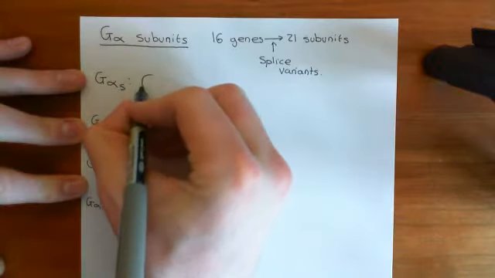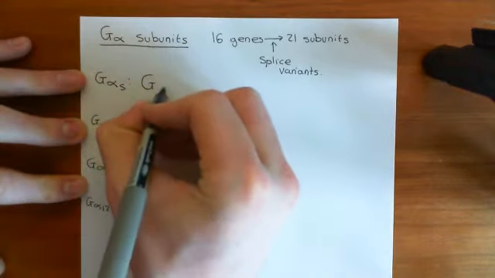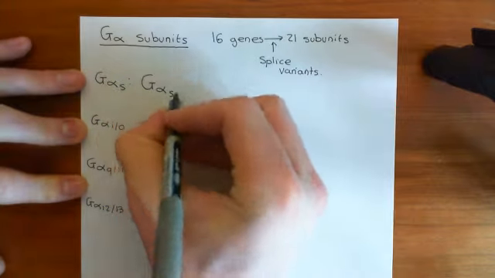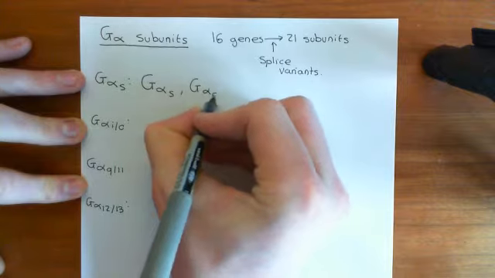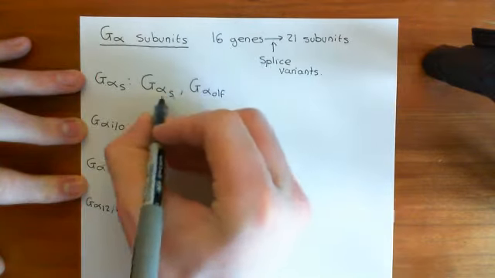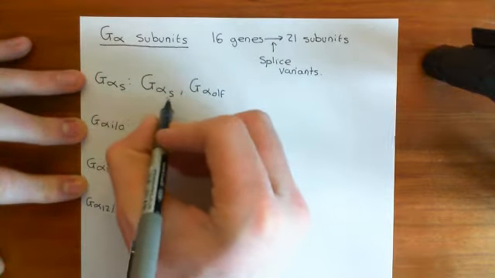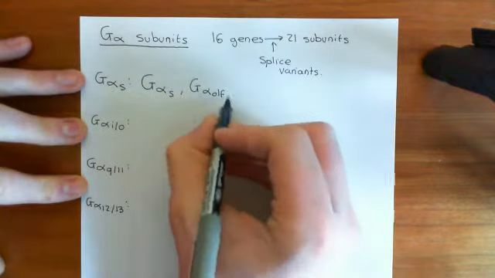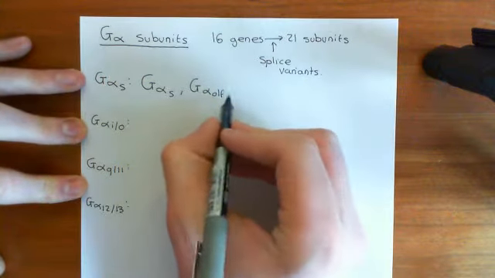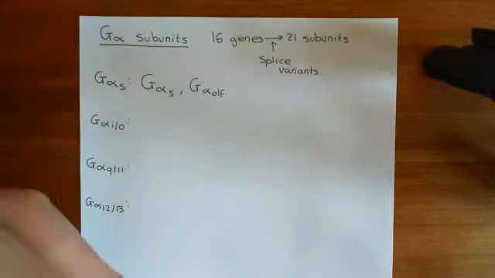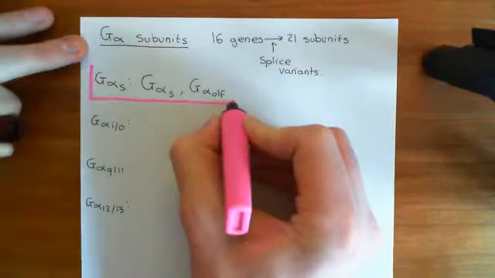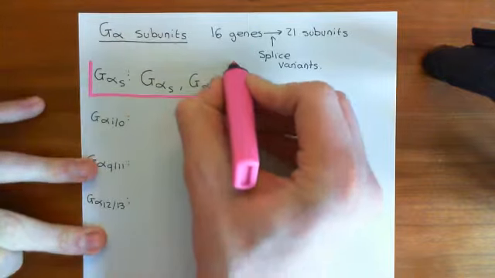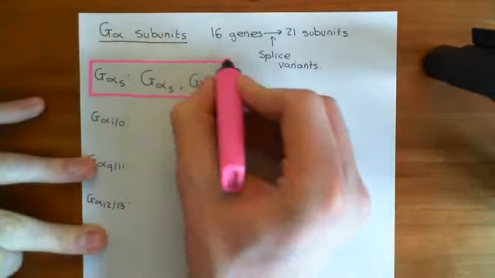This contains 2 members. It contains the G alpha S gene and also the G alpha olf gene. Now G alpha S has a huge number of different splice variants which we're not going to go into. G alpha olf just has 1 splice variant. The reason these 2 are grouped into this first family together is because they both have very similar functions.